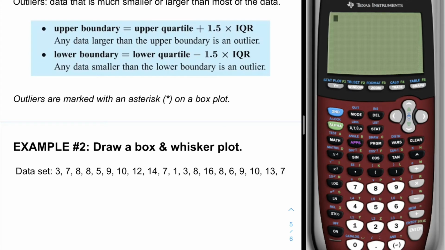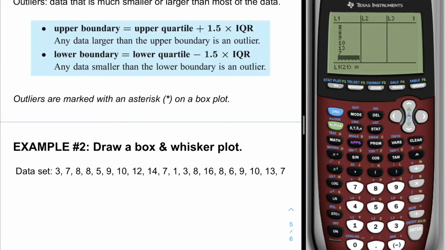Example 2. The first thing we want to do is identify any outliers. So once again, let's put everything in a calculator. Okay, so I should have 20 numbers.